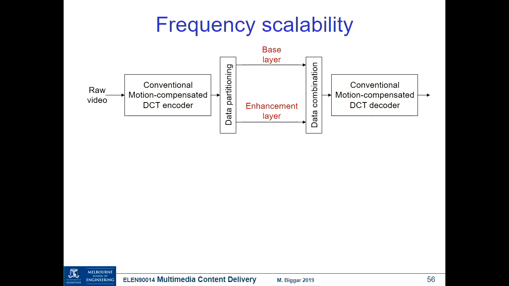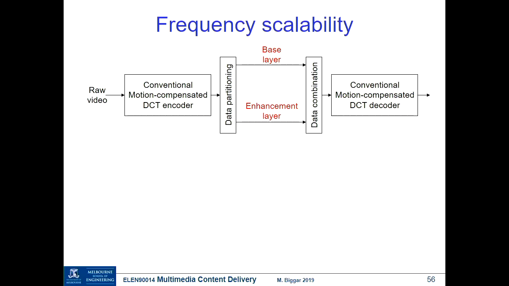The idea here is that we have a conventional motion compensated DCT encoder generating a set of data, and we separate out the information that describes the structure of the picture in the first place, like where the picture boundaries are and which macro block we're talking about, and the low spatial frequency coefficients. But we separate out the high spatial frequency coefficients into the enhancement layer.